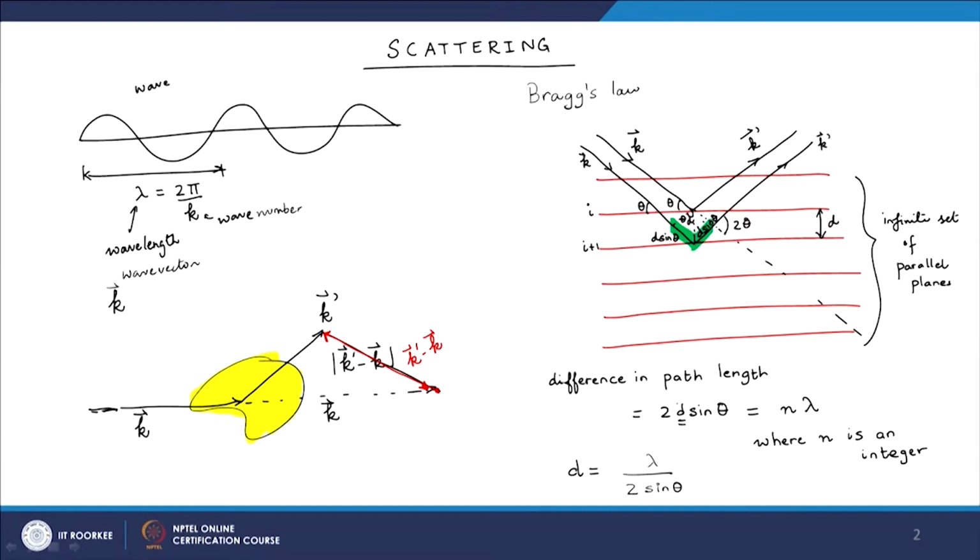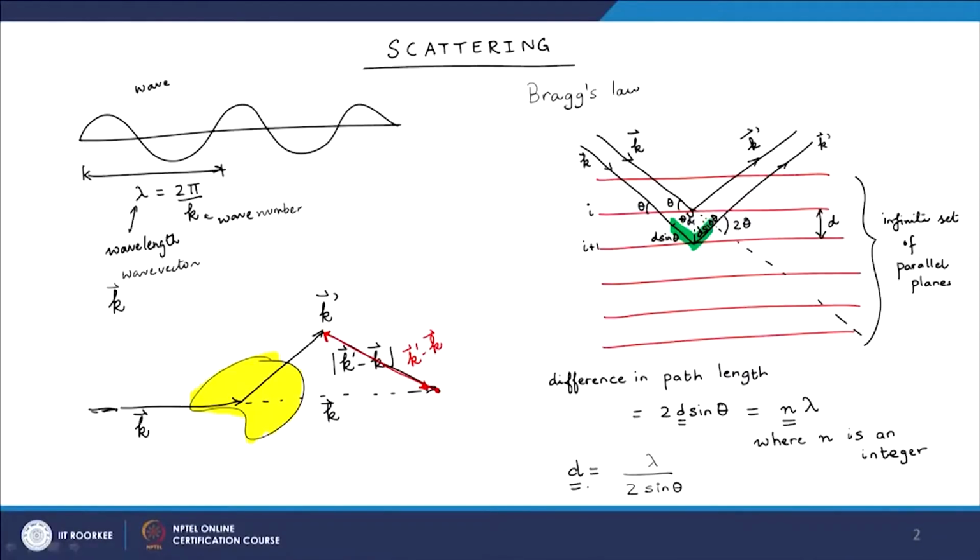Okay. So, note that when I say a d here, that can be the difference between any two planes, that is why I have used n here. This d is between the two adjacent planes.